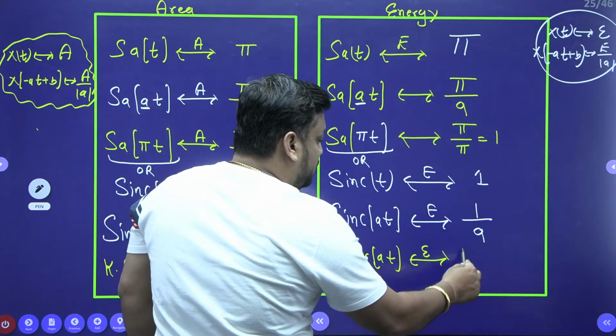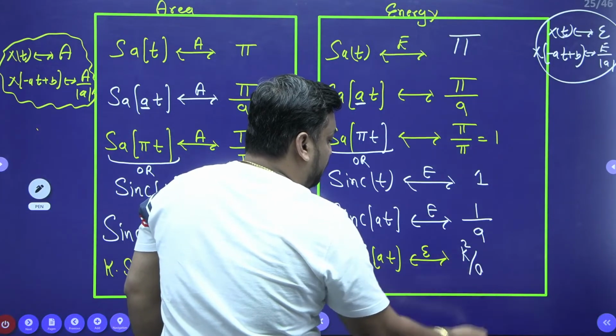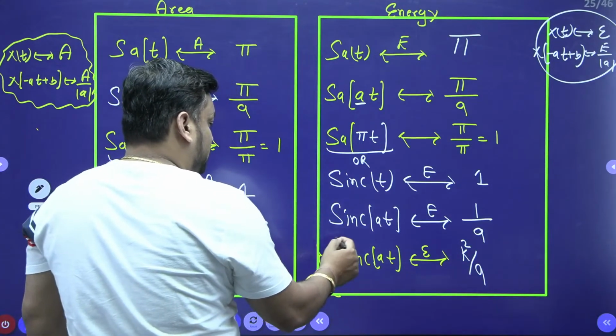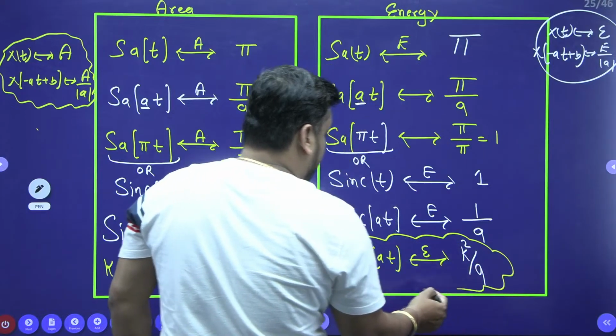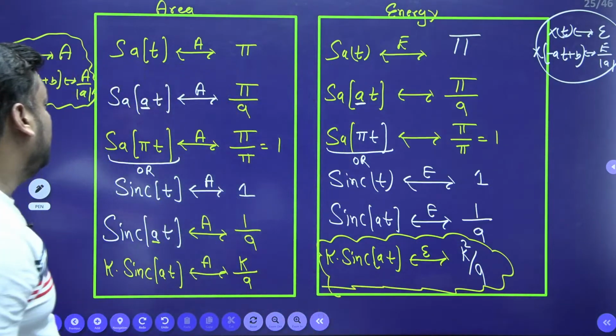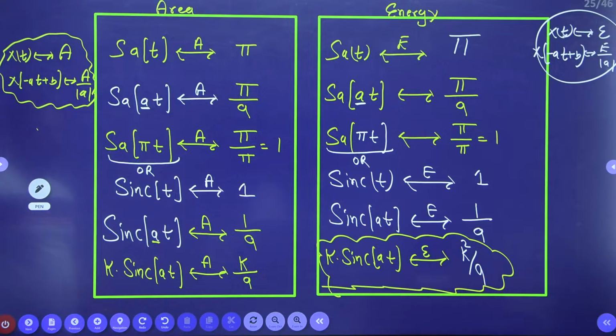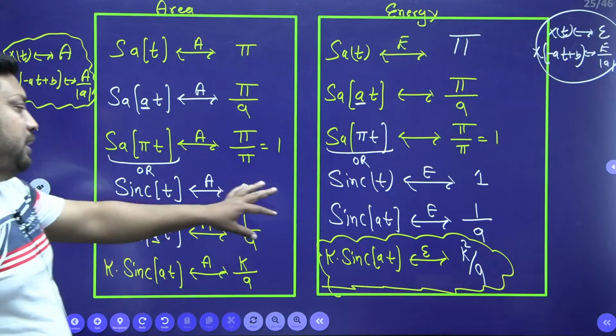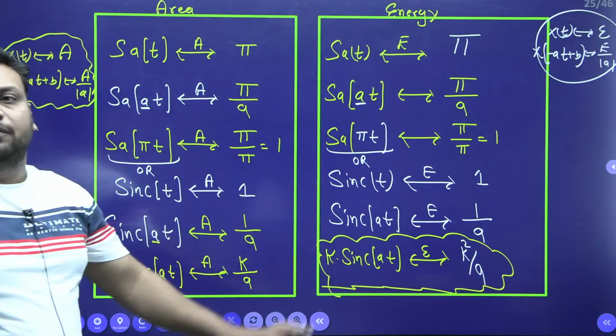The energy of this signal is nothing but K square upon a. K into sinc of at area is nothing but K by a, and K into sinc of at energy is nothing but K square upon a. So the table is almost the same, only the last expression will make the difference.